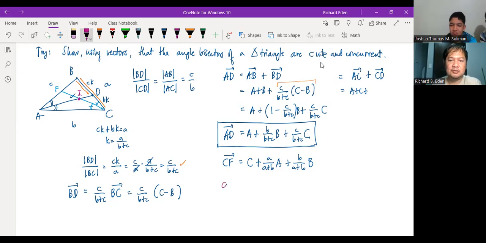All right. And then continue. Okay, but I feel like yun may mga nasimulan na tayo dito. Okay. So angle bisectors, and then if you could try it for the perpendicular, at least for the orthocenters. Try mo lang.